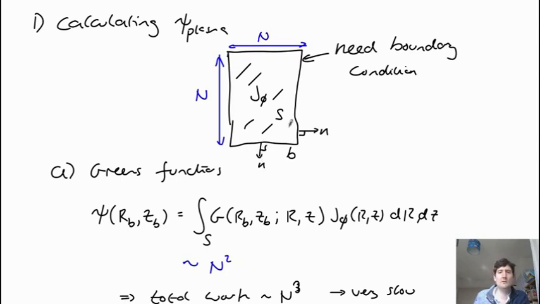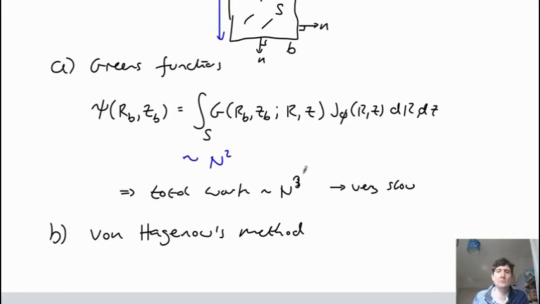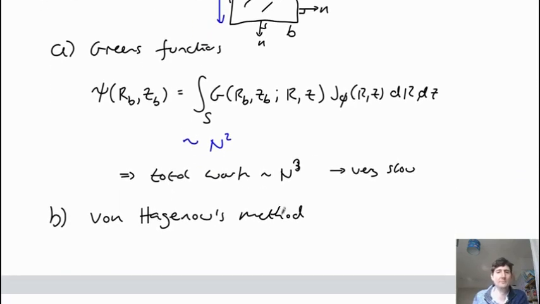And so what you do is you solve the Grad-Shafranov equation for u. You calculate the gradient of u at the boundaries, and then you integrate along the boundary for every point on the boundary. And so this turns it from an n cubed problem into an n squared problem.